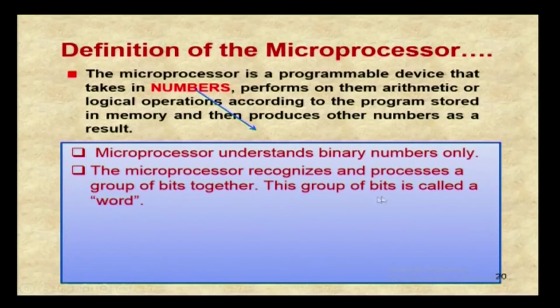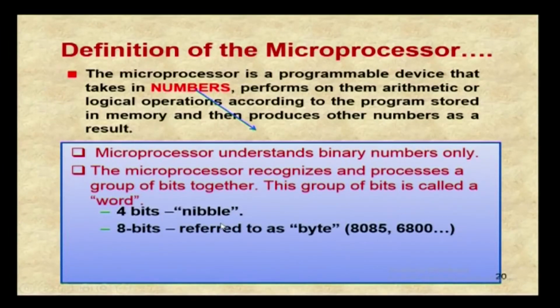It takes numbers as a group, a group of ones and zeros, not single ones and zeros. This group is called a word. A group of 4 bits is called a nibble, and 8 bits together is called a byte. The 8085, which we are going to study, processes numbers as a group of 8 bits, a byte.